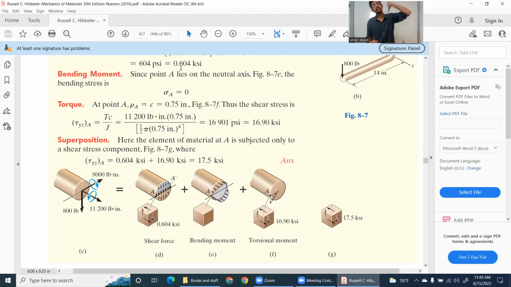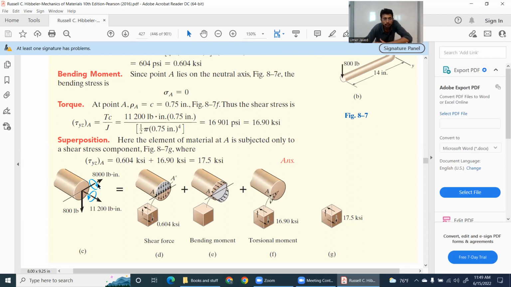V over A is the average value. VQ over IT is shear stress at a particular point. That's why the Q, you find Q, right? For a particular layer, you find Q, because VQ over IT gives you shear, transverse or longitudinal at a particular point, at a particular layer.